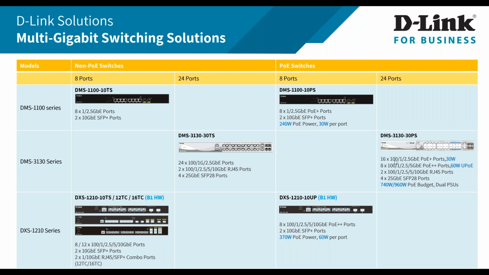And 3130 PS is a 24 port PoE switch. Out of these 24 ports, 16 ports support 2.5 GB with 30 watt support, and 8 ports support 2.5G and 5G with 60 watt UPoE support. So this can be suggested for wireless access points with a 2.5 GB or 5 GB uplink port.